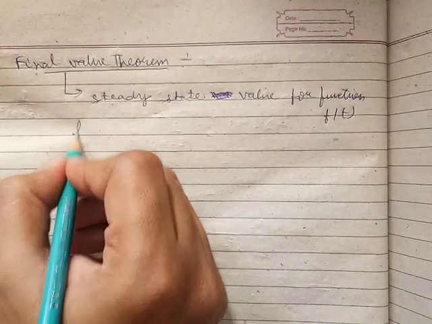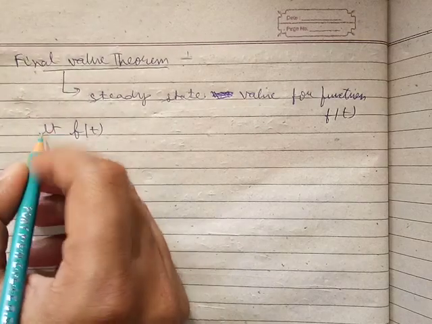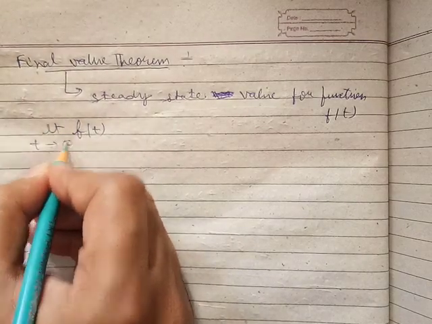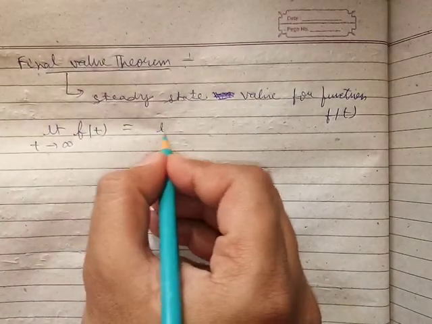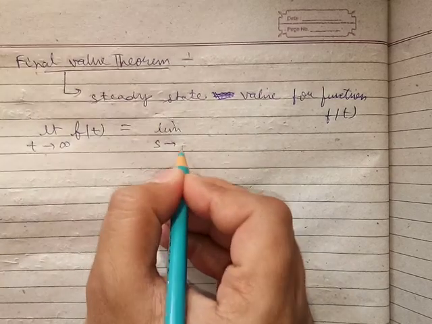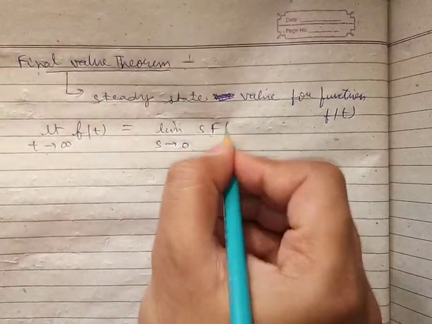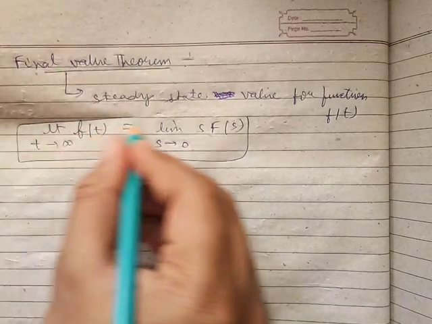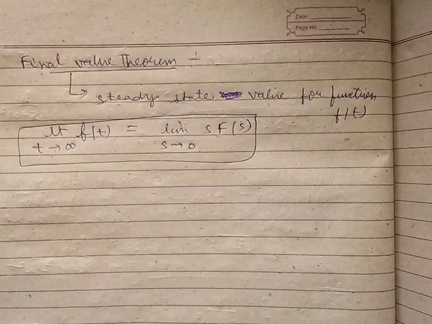How? See this, f of t is there, we apply limit for t tending to infinity, and it is given by limit s tending to 0 of s times F of s. This is the final value theorem.